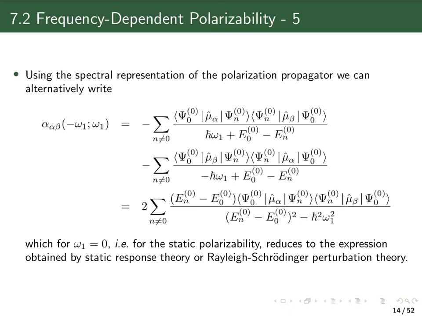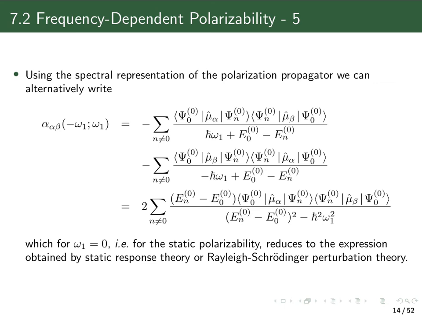We write it as a sum over states expression with the exact excited states of our system, where we have two terms, this one and that one. And what I do in the final step here is to bring this expression to a common denominator, because in the first term we have h bar omega 1 plus the ground state energy minus the excited state energy, whereas in the second term we have minus h bar omega 1.